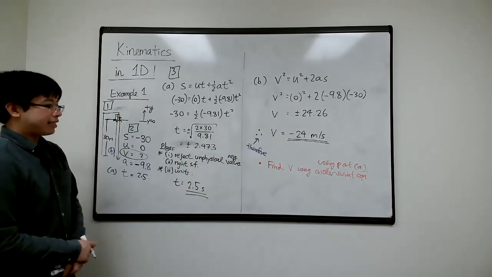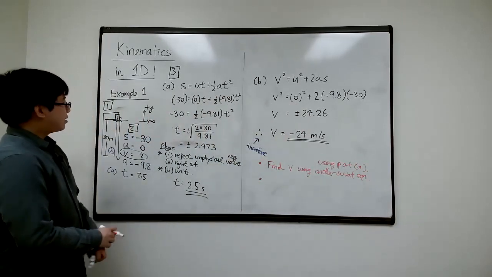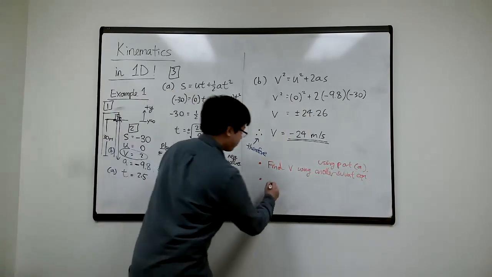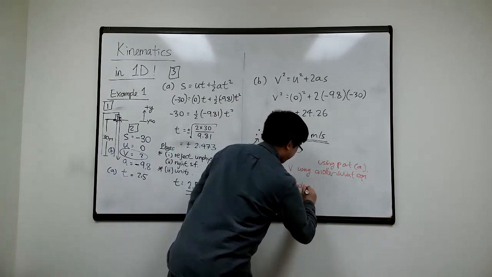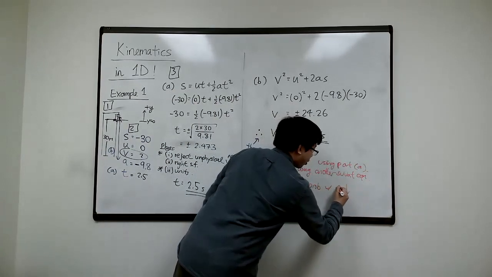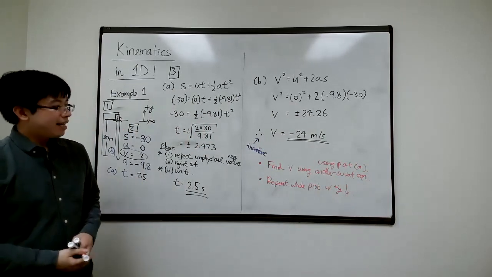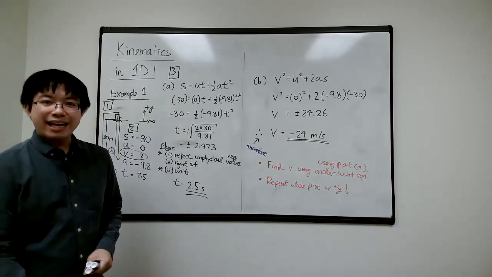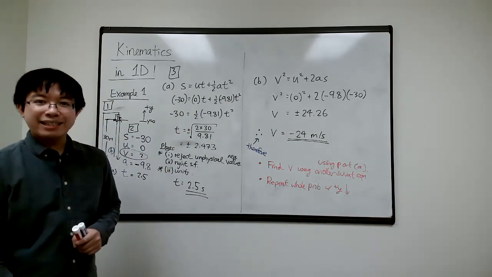And secondly, try to repeat part A with Y pointing downwards. Actually repeat the whole problem with positive Y going down, okay? And see what happens. I'll leave that to you to check out, and you should get the same conclusion for both cases, okay? All right.